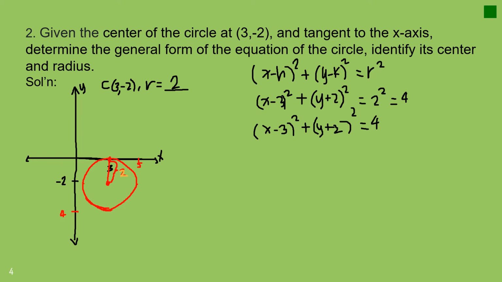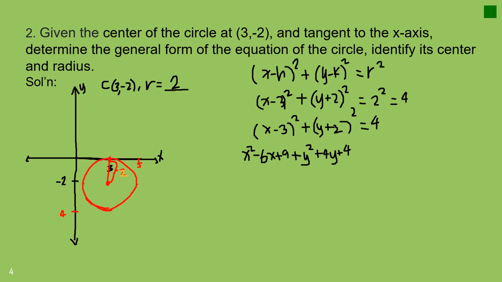Simplify it together, so we have x squared, the square of the first binomial, minus 6x plus 9, plus the second binomial, we have y squared plus 4y plus 4.